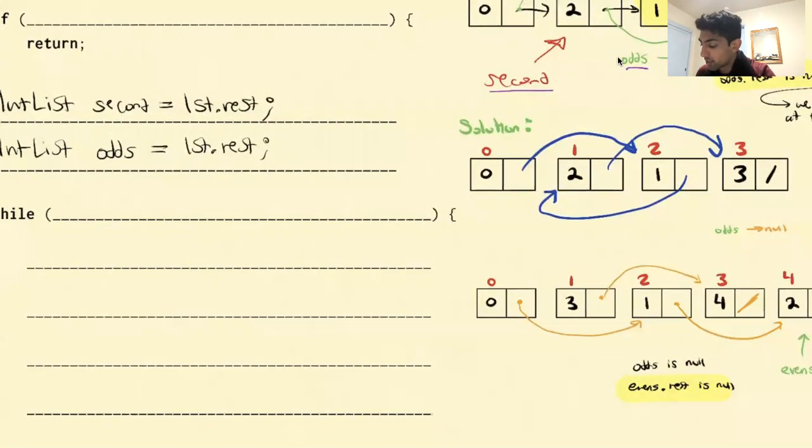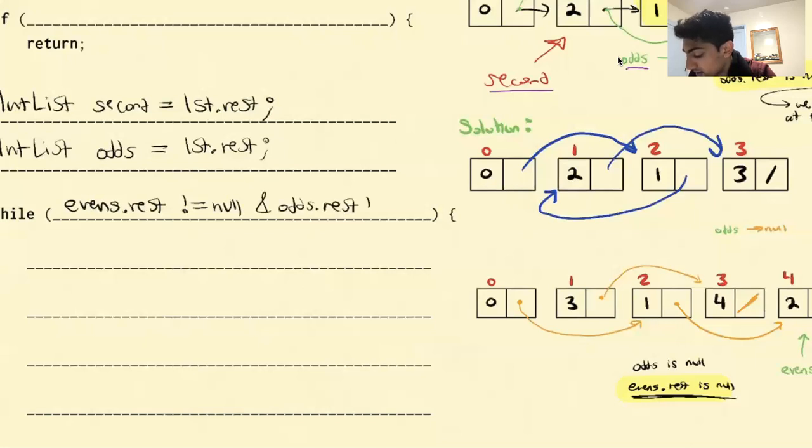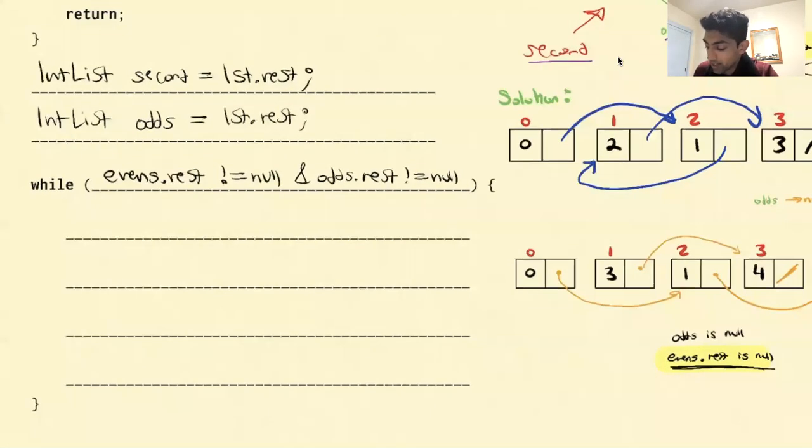And we have to first check this criteria because evens.rest comes before odds.rest, right? Evens is always before odds in the iteration pattern. Okay, so while evens.rest is not equal to null and odds.rest is not equal to null, what we will do is we will say, I'm sorry, I used evens, but I said we will switch that with LST.